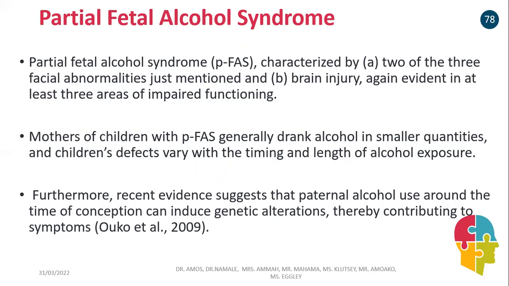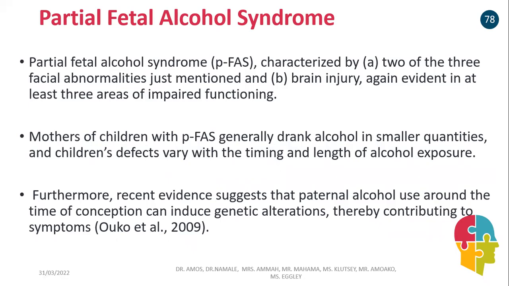So when we take partial fetal alcohol syndrome, it's characterized by two of the facial abnormalities, brain injury, and at least 3 areas of impairment. So mothers of children with partial fetal alcohol syndrome drank alcohol in actually small quantities, and this exposed the children.